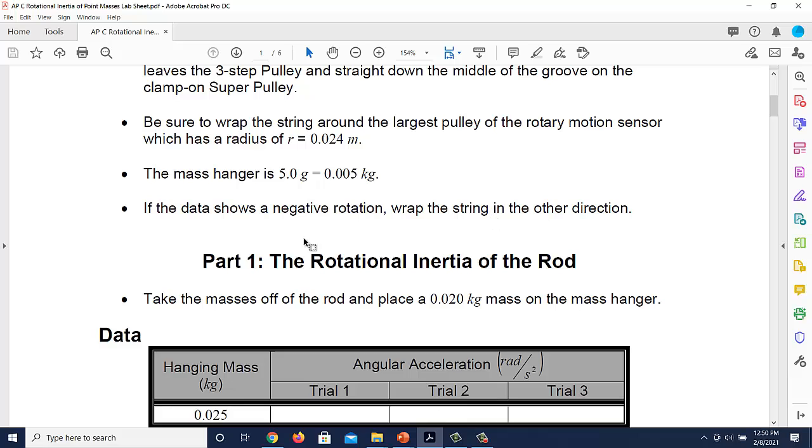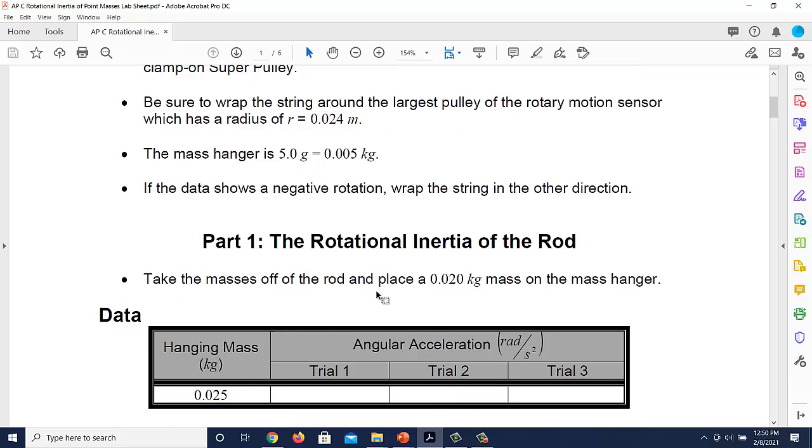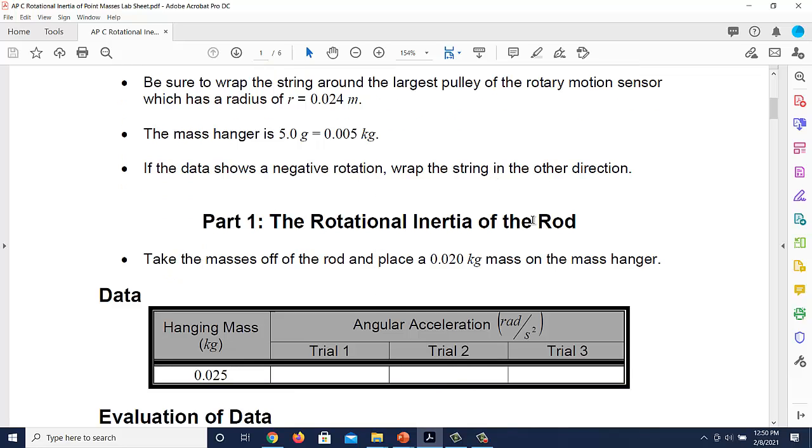So we're going to do an extra part of the lab. Part 1 is just to figure out the rotational inertia of the rod by itself. Once we know that, we can subtract it from the rotational inertia when we actually have point masses on it, and that'll get rid of the part due to the rod and leave us with just the point masses. With me?